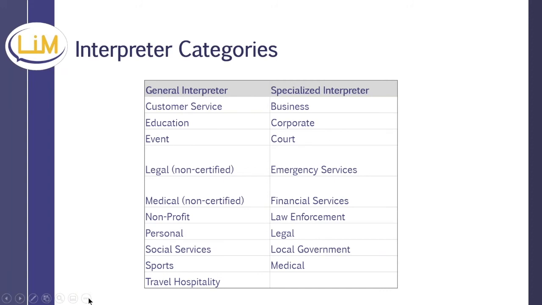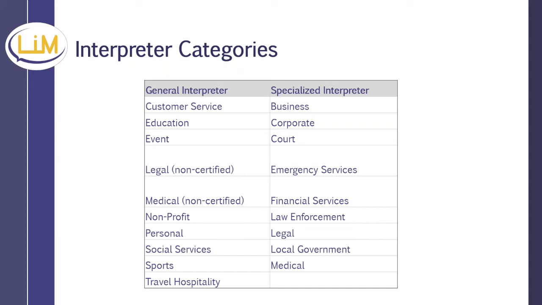All right, so I did touch on this earlier, and this is the interpreter categories. You might not know that this is already being used when you schedule an on-site interpreter, or if you've scheduled a phone interpretation with us before. Our interpreters are either general interpreters in certain categories or they're specialized interpreters in certain categories. For you guys, it's most likely going to fall under legal and sometimes medical.